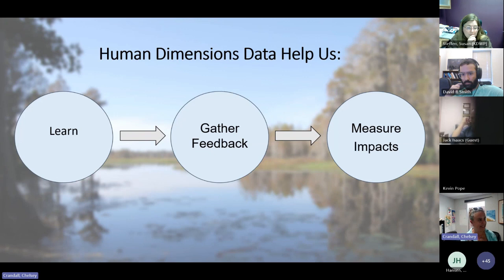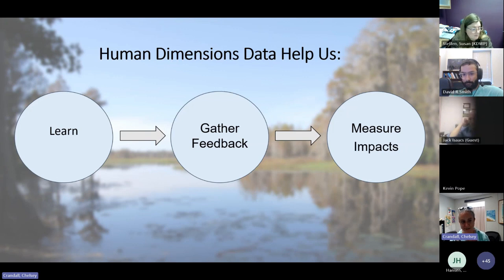One example we give is how it can help us along the process of making management decisions. At the start, it helps us better understand our public in general, both how they're interacting with our resources, what they're fishing for, but also what's important to them about that experience. Learning about these things can help inform the actions we might consider taking.